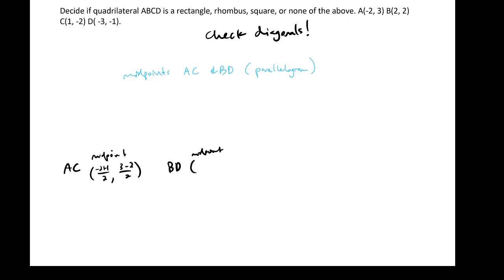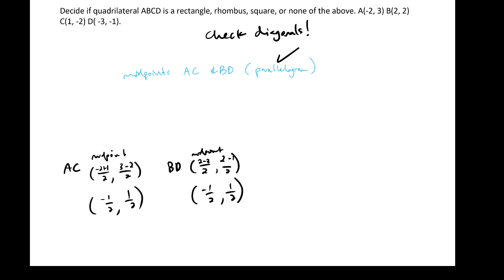BD is going to be 2 minus 3 over 2, and 2 minus 1 over 2. So this guy's going to be negative 1/2, comma 1/2. This guy is negative 1/2, comma 1/2. Are these guys the same? Absolutely. Boom, we have a parallelogram.